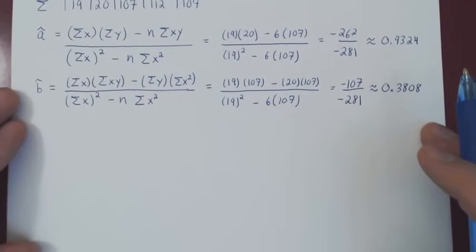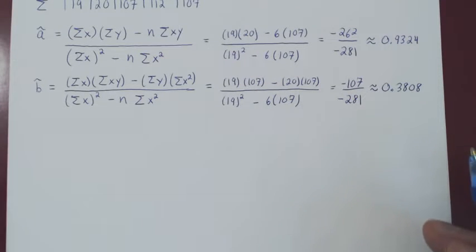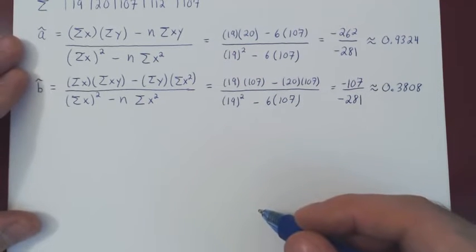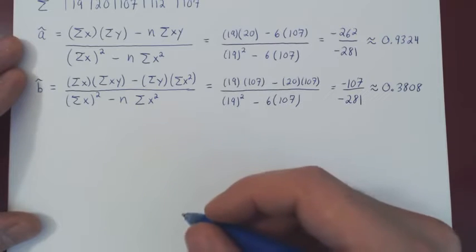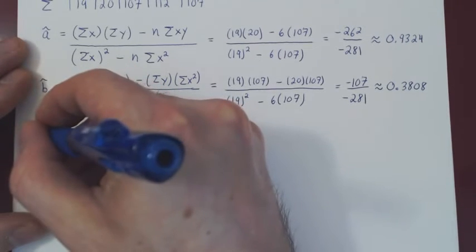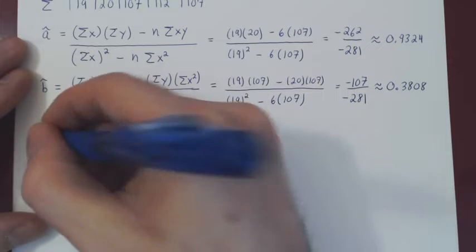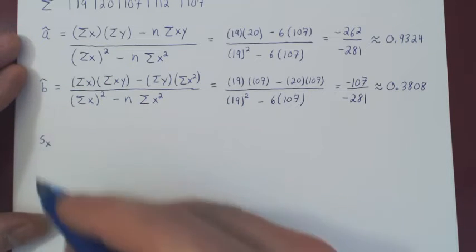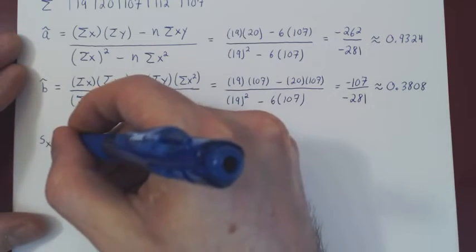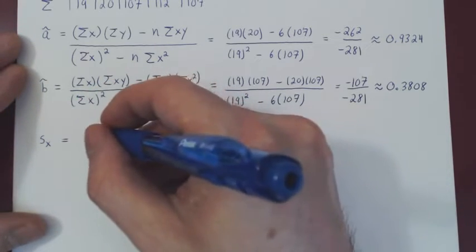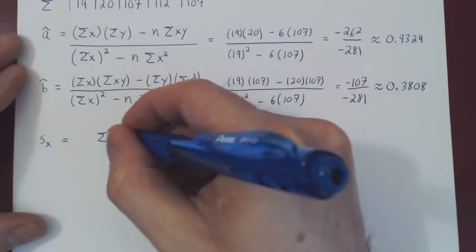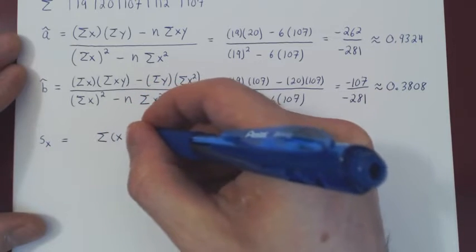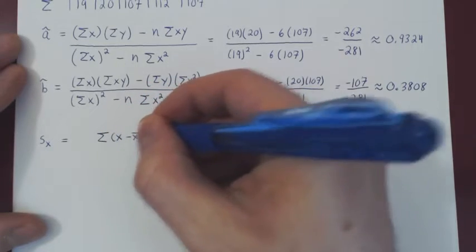So let's remember what the standard deviation is for a set of values. I'll write lowercase s with an x as a subscript to say this is the standard deviation of the x values. If you remember, first we take the variance. So we must sum the difference between each x value and the sample mean x value squared.